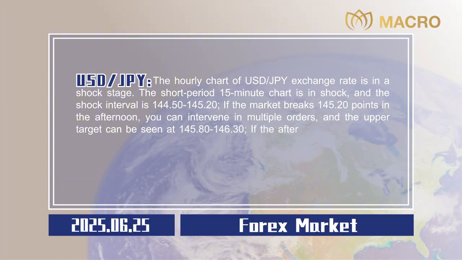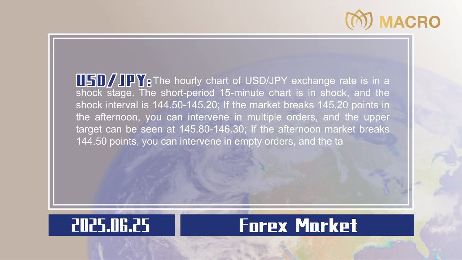If the afternoon market breaks 144.50 points, you can intervene in empty orders, and the target below can be seen at 143.80 to 143.30. Stop losses are all 20 points, 0.20.